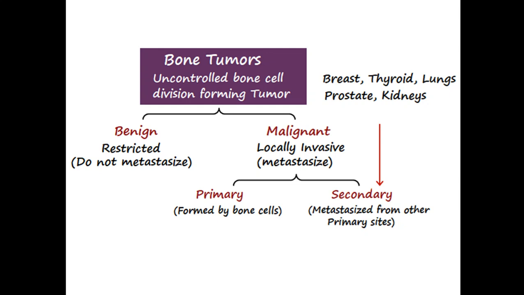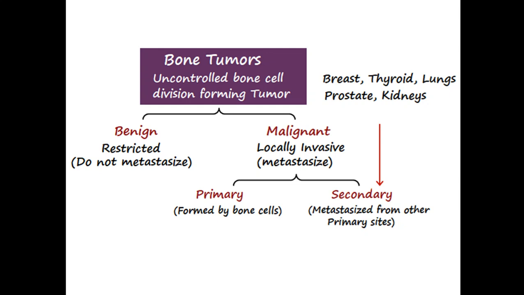On the other hand, the malignant tumors are very aggressive. They are locally invasive and invade the surrounding local tissues, and through blood, lymphatics, and other ways they can get metastasized to the remote organs of the body, where they can give rise to malignant tumors.